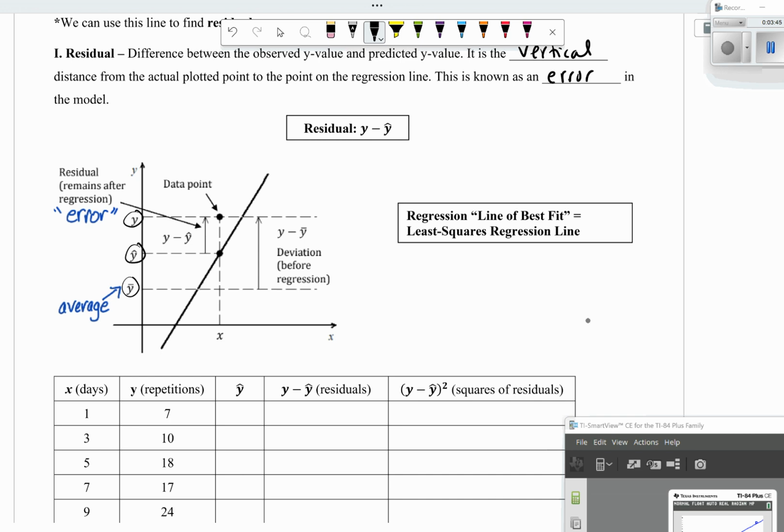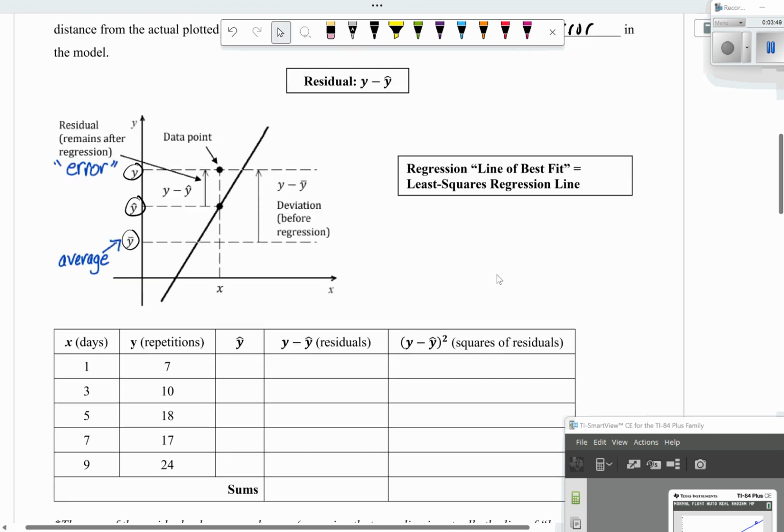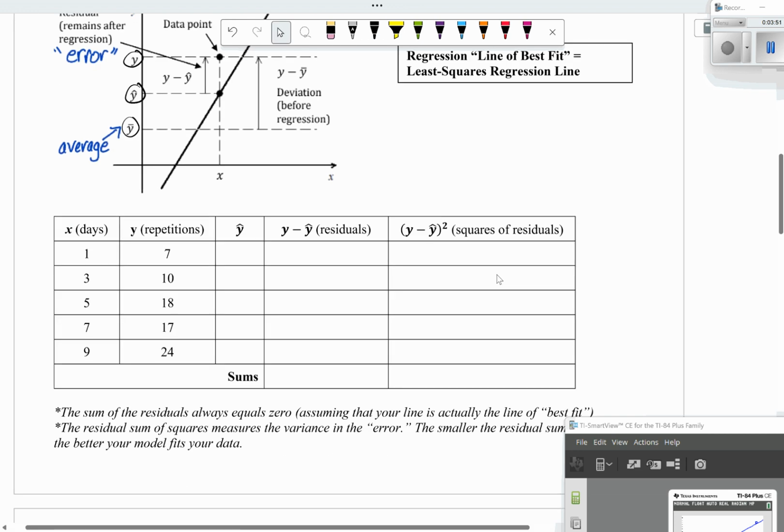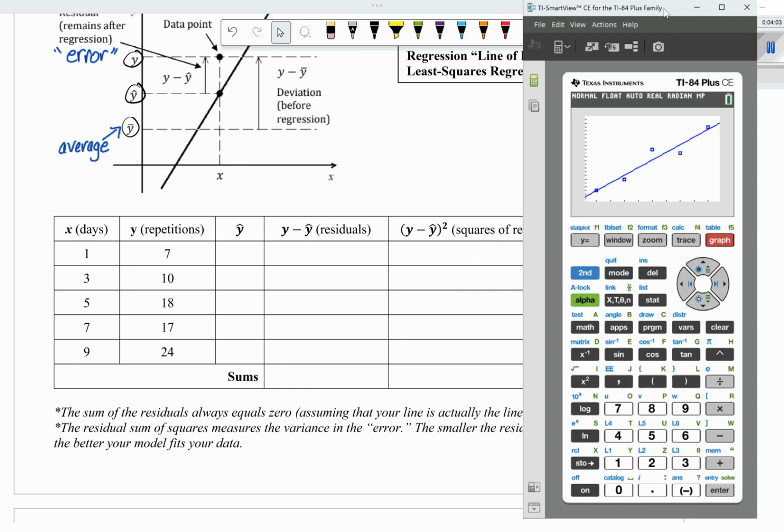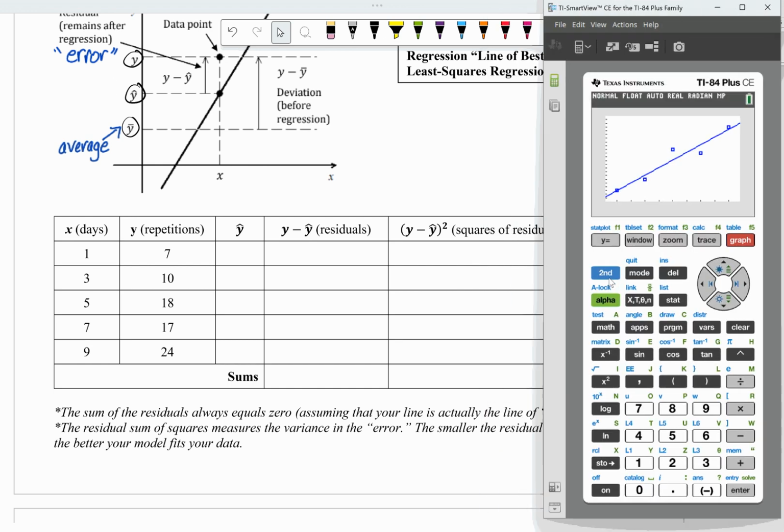So the regression is the line of best fit, which equals the least squares regression line. So we can calculate this again by taking the original data point and subtracting from it our regression line point. All right, so to do that, we want to find our actual regression line points.